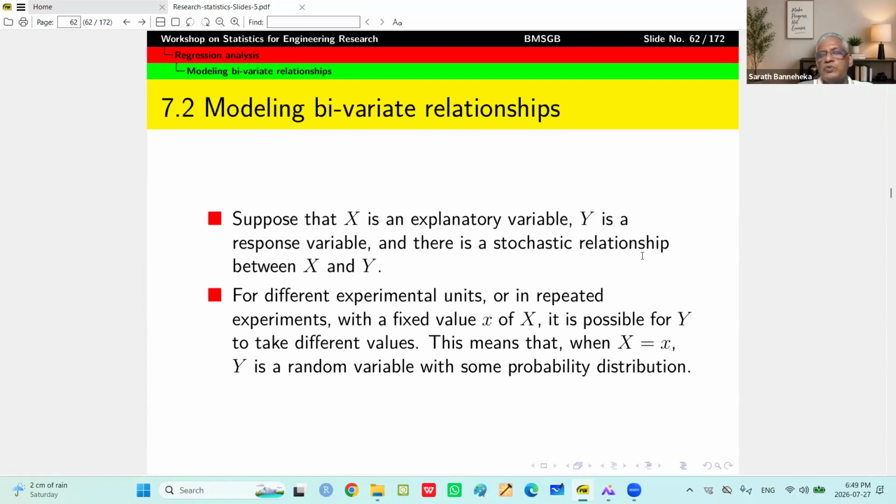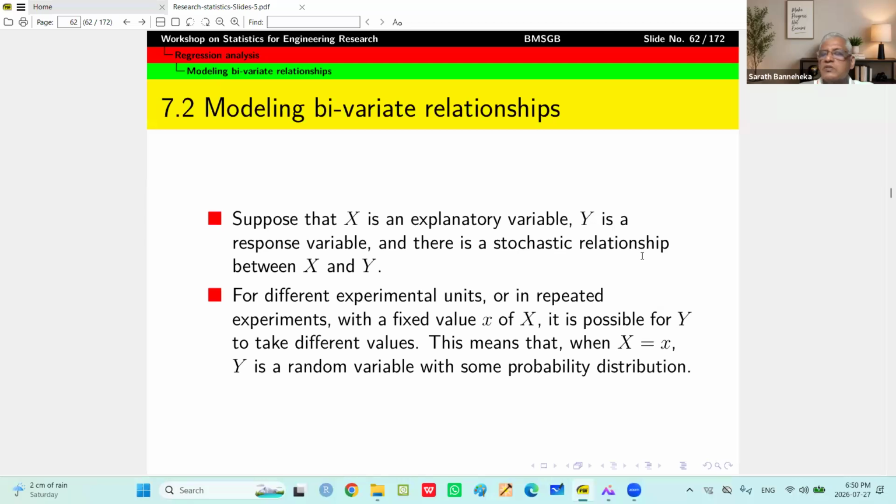Even though you observe several experimental units with the same x values, their y values can be different. Or even if you do some experiment, for example, to measure the compressive strength of concrete, where your x is some variable, even if you are keeping that value of the x variable fixed, from different experiments your y value can be different.